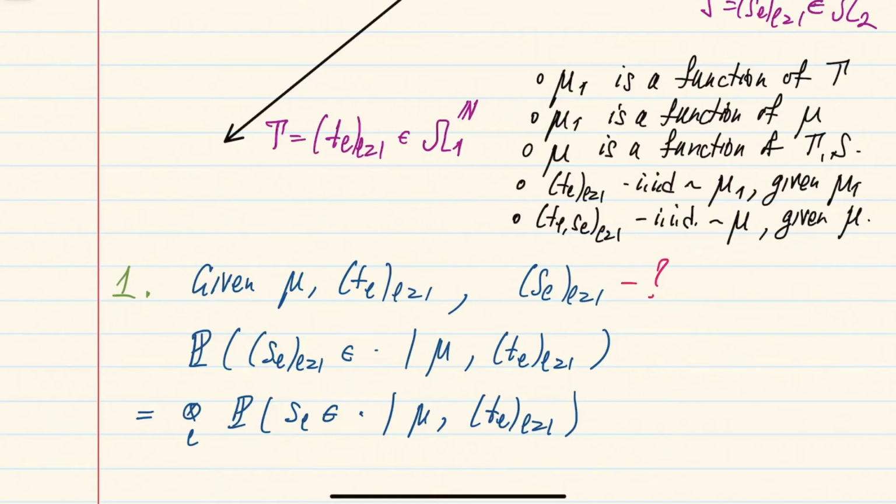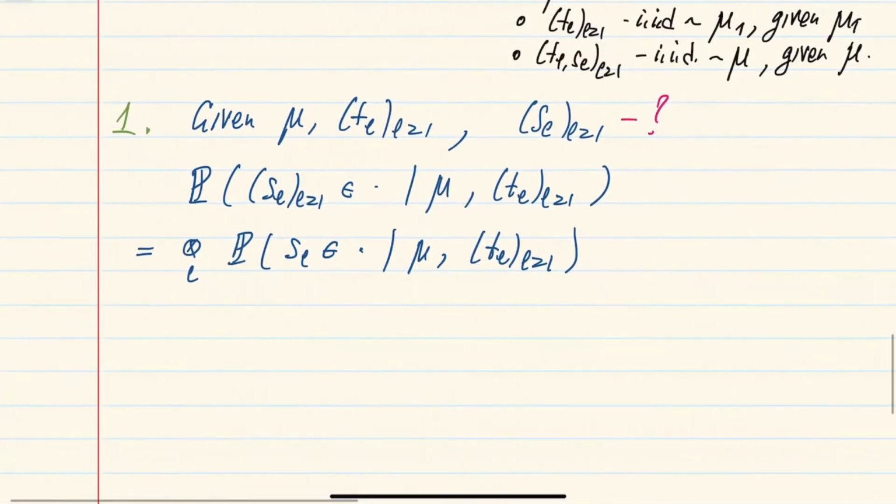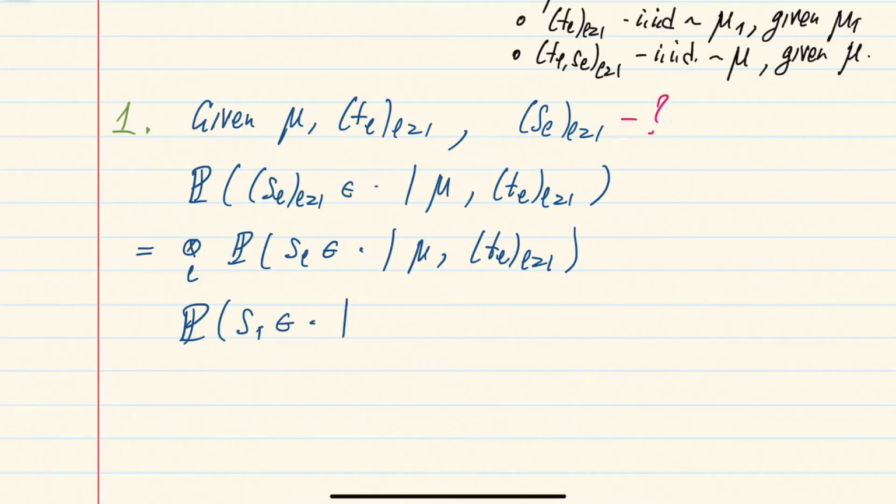Okay, and this of course follows from the last claim above, because we know that given mu, all S_l are independent. Okay, to emphasize this a little bit more, let's say we were computing a distribution of S_1 conditionally on mu, the sequence T, and the sequence S, except for this first coordinate 1, so for l not equal to 1.